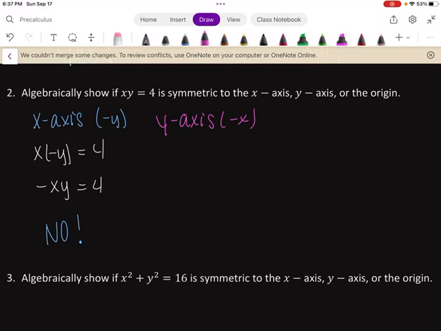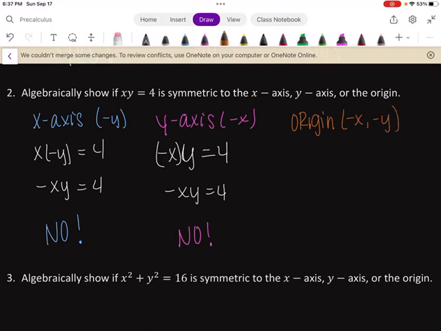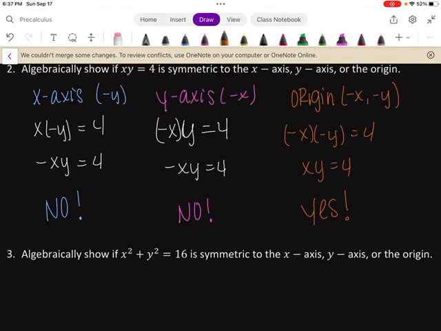We're plugging in that negative x times the y is equal to 4. Negative x y is equal to 4. So no. And then lastly, the origin. Now that one might work out much nicer, right? Because we have those 2 negatives. So yes, it is symmetric only with the origin. We're actually going to find out what that means as well, if it's even or odd.